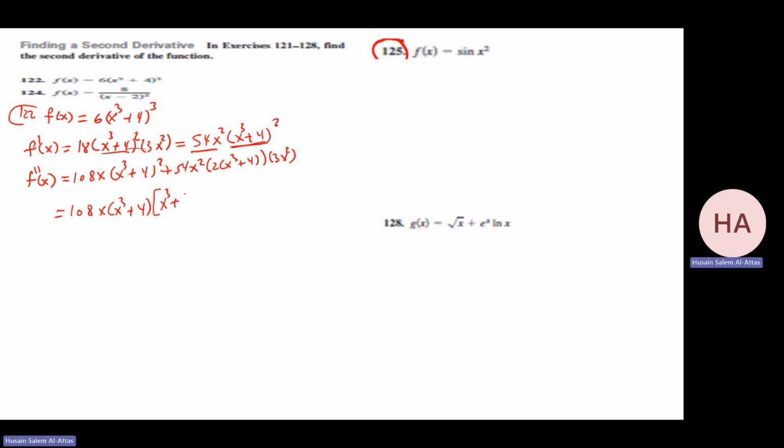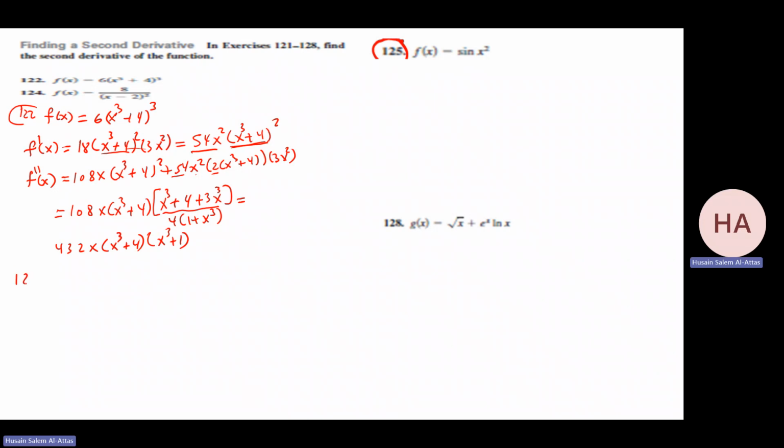I have x cubed plus 4 here, and with this one I have 1x remaining. Oh, x cubed plus 3x cubed, which means this is 4, 1 plus x cubed. 4 times this, it will be 432 x cubed plus 4 times x cubed plus 1.